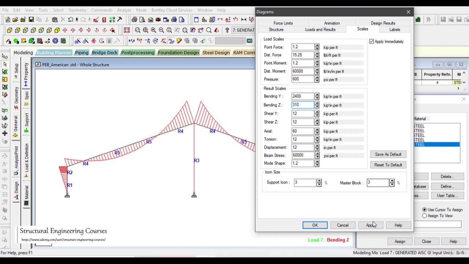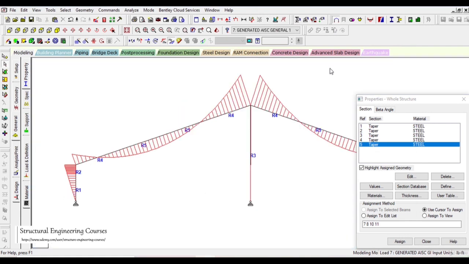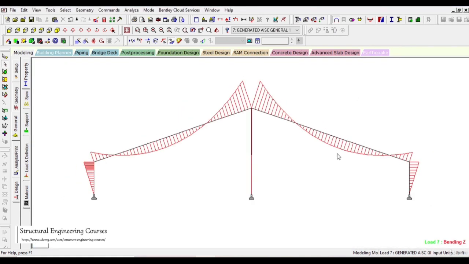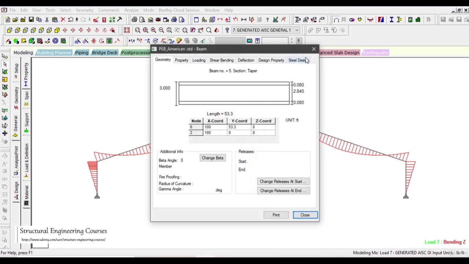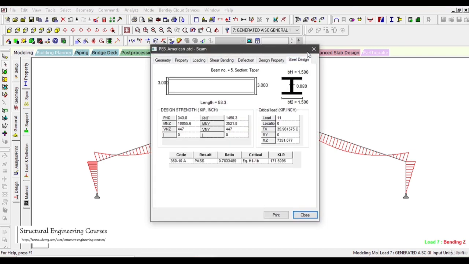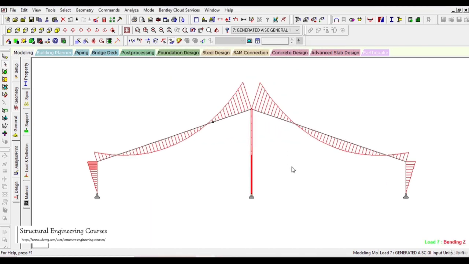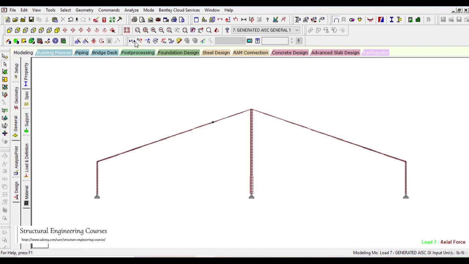So this is the typical bending moment diagram that has been shown for this type of arrangement here. So here we can see that the slenderness ratio is also good, that is 171. So these are the simple things that you can take care of when we are designing the PEB sheds.